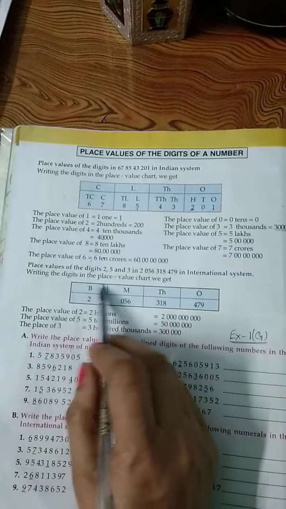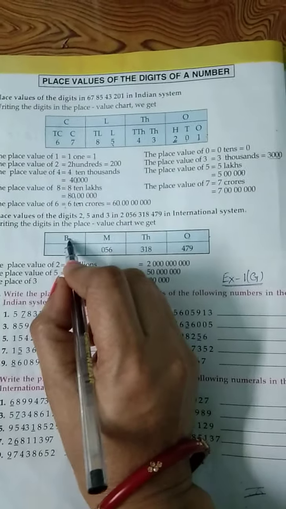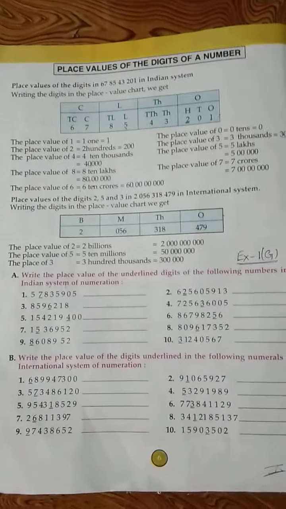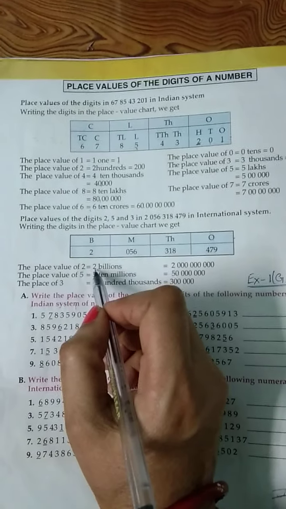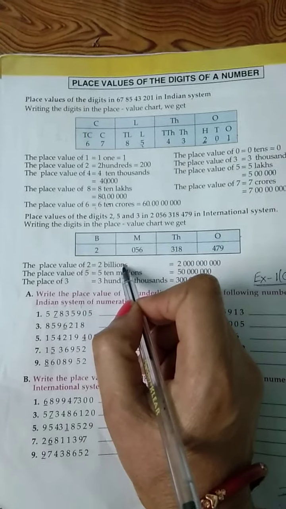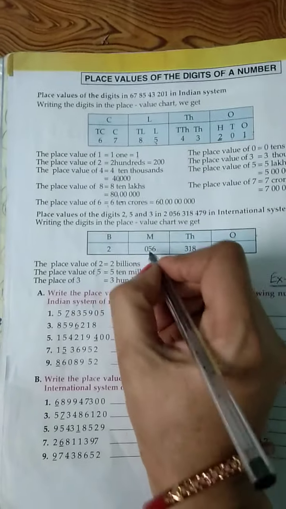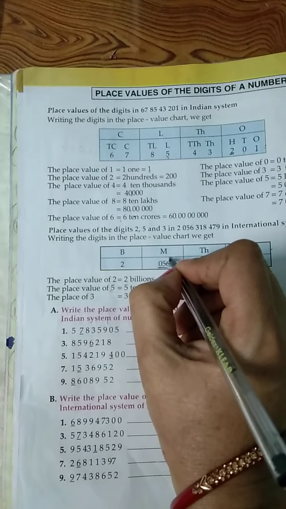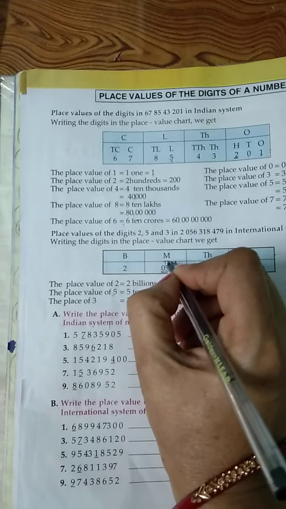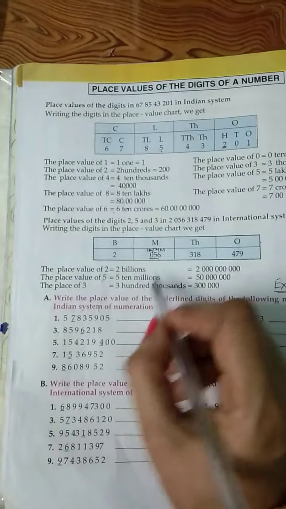Place value chart of the international system. Periods: ones, thousand, million, billion. The place value of 2 is 2 billion. The place value of 5, in this million period, is million, 10 million, and here is 100 million.